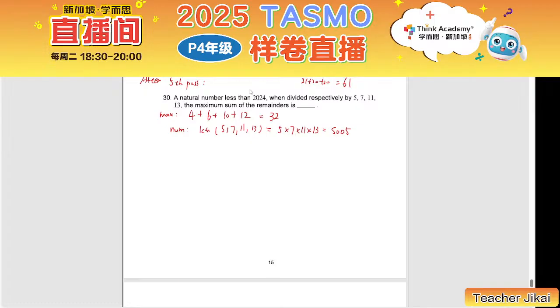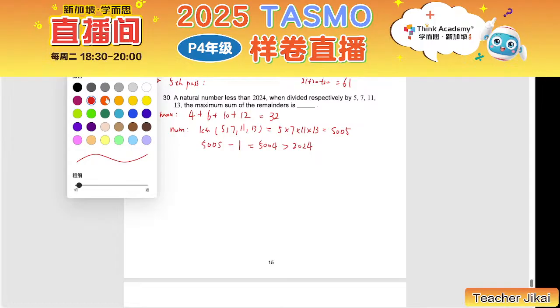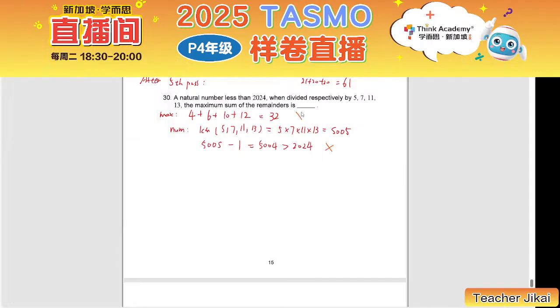And we want the maximum remainder, which is minus 1, plus 1 to be a multiple. So this time the remainder is the maximum. So 5005 minus 1 will give you 5004. And we know it's absolutely larger than 2024, right? So it cannot be the case.